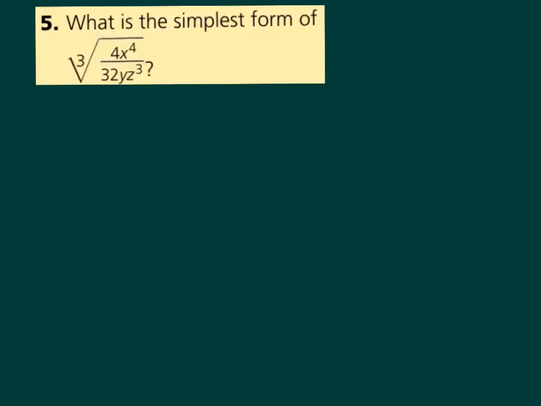So this is the same type of problem. We saw yesterday that if you have the radical, you're taking the root of a quotient, you can actually just rewrite that as the cubed root of 4x to the fourth over the cubed root of 32yz cubed.